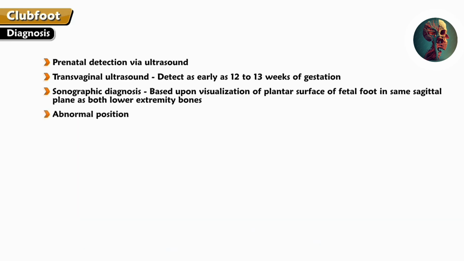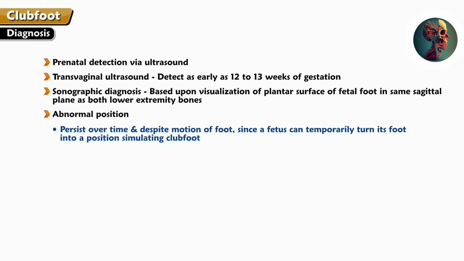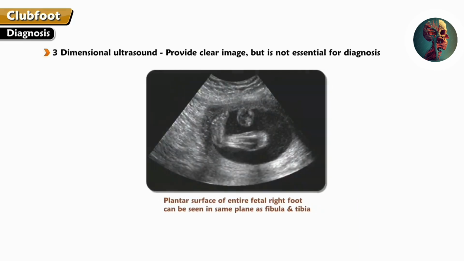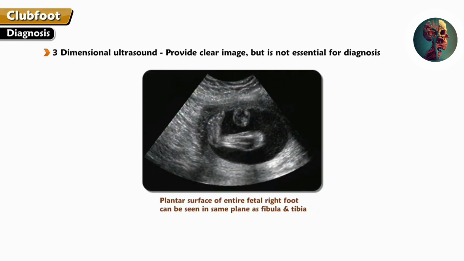The abnormal position should persist over time and despite motion of the foot, since a fetus can temporarily turn its foot into a position simulating clubfoot. In addition, the foot should be visualized away from the uterine wall. Three-dimensional ultrasound, if available, can provide a clear image but is not essential for diagnosis.